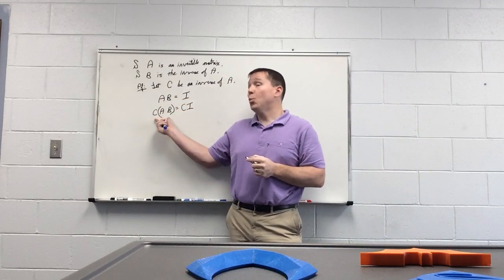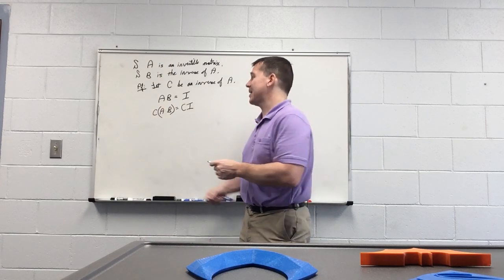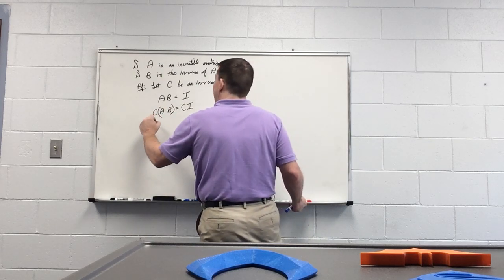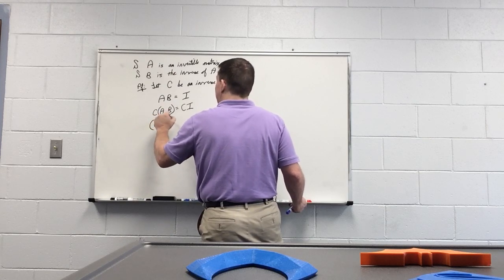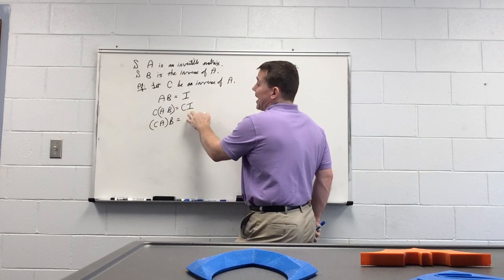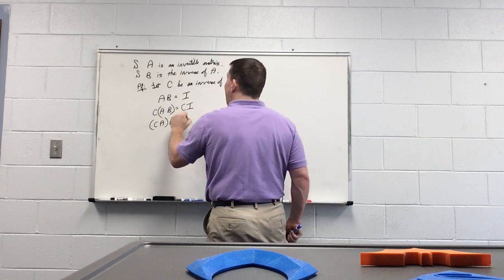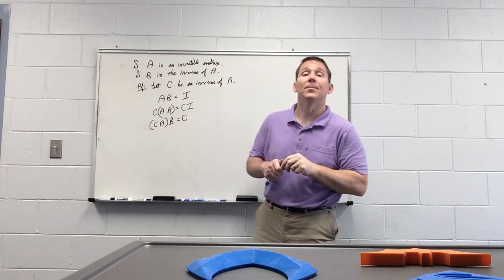On the left here, we know that matrix multiplication is associative, which means I can move the parentheses around, and this is the same as (CA)B. On the right, C times I is C.